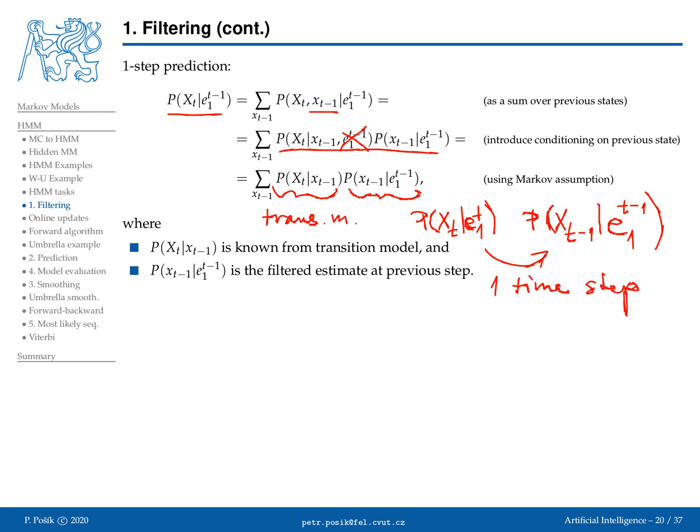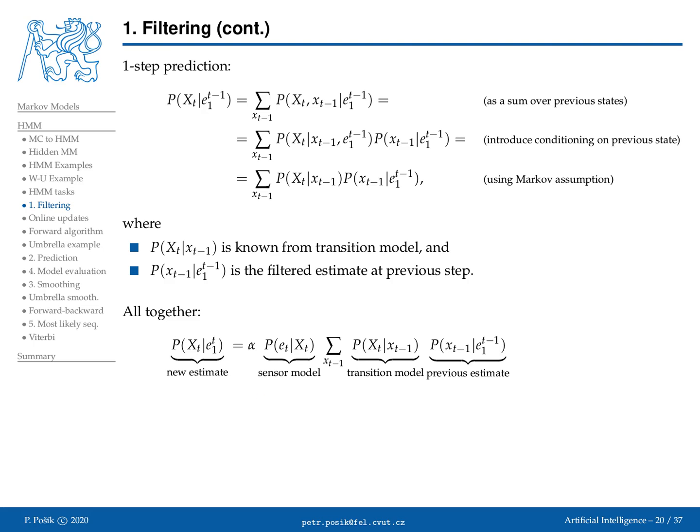We have found what we wanted. We wanted a method to update our estimate from the previous time step to get the current one. The arrow here should be in the opposite direction. The time step is from right to left here.